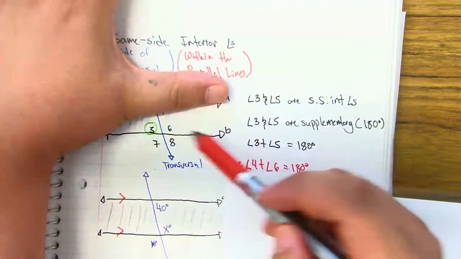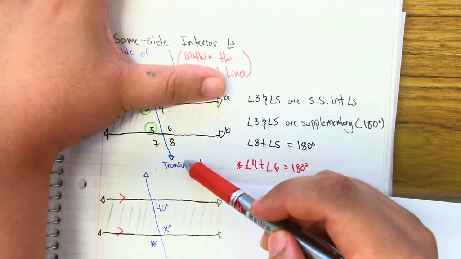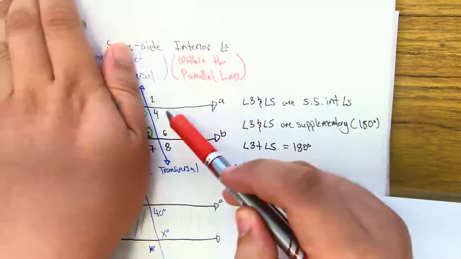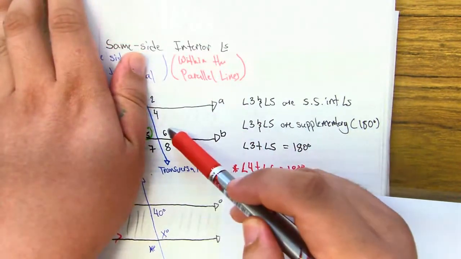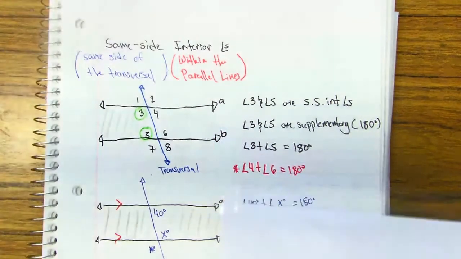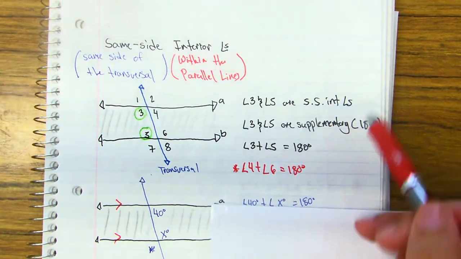And in parallel B, angle 6 is on the right side of the transversal. So in parallel A, you have 4 on the right. In parallel B, you have 6 on the right side, and they're both interior angles. Then you can conclude that they are same side interior angles.